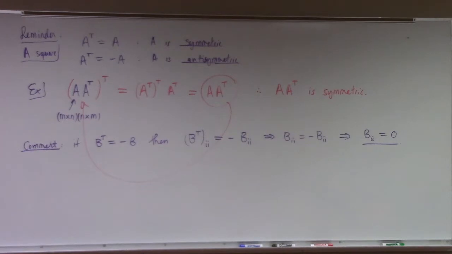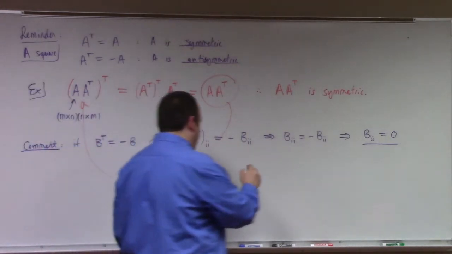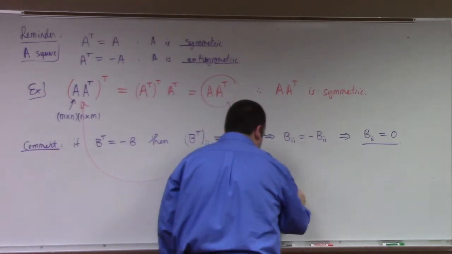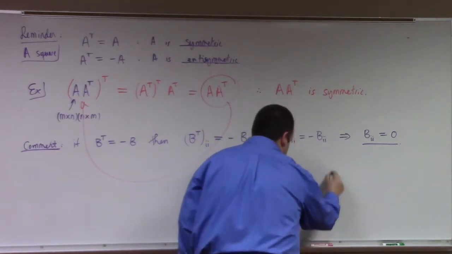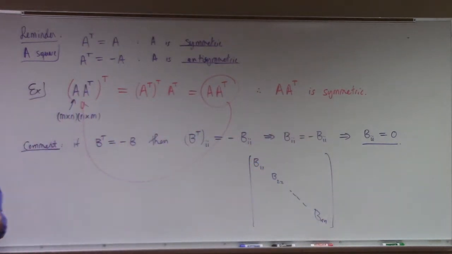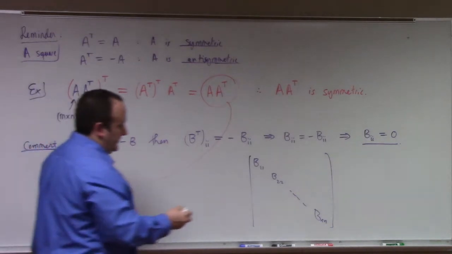So what is the iith component of a matrix? We should talk about this a little bit, right? If you look at a matrix, you've got B11, B22, Bnn. What's this called in the matrix? That's the so-called diagonal of the matrix, right? This is the diagonal.